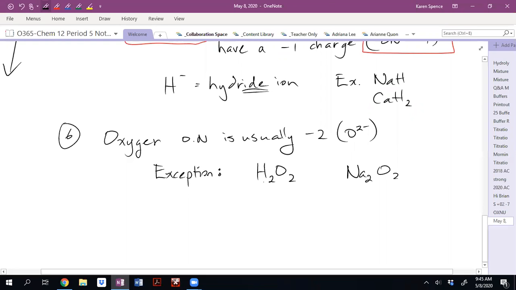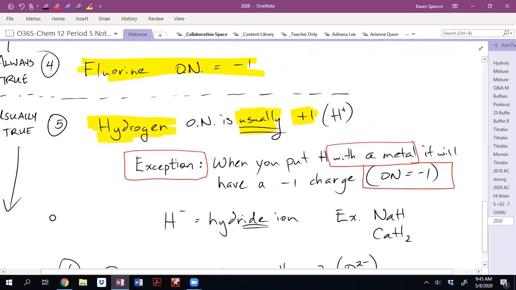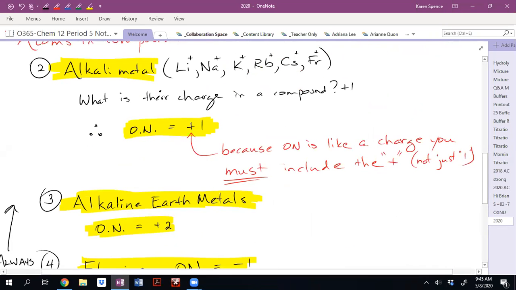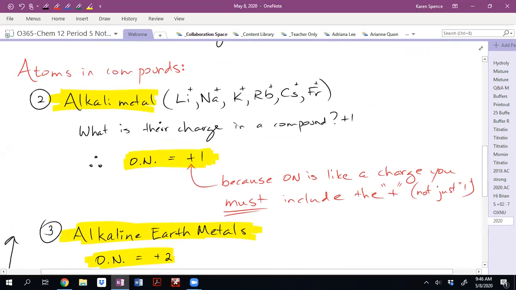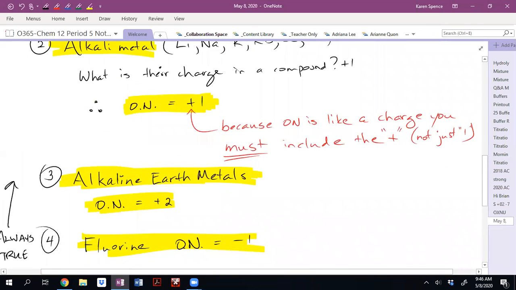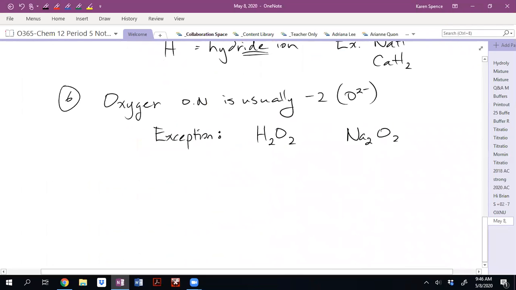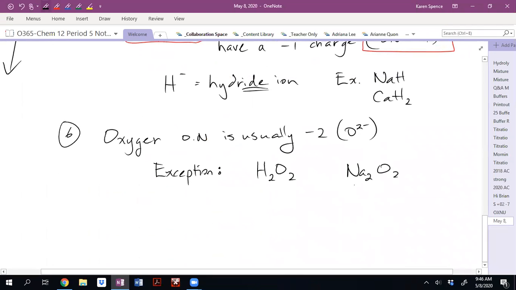Okay, so if you have Na2O2, these rules are written in order of priority, okay? So if I look, I see alkali metals, that's one of the high up rules. So that's going to take precedence over oxygen, because sodium is never anything other than +1. So we have sodium, which is +1, and sodium, which is +1.